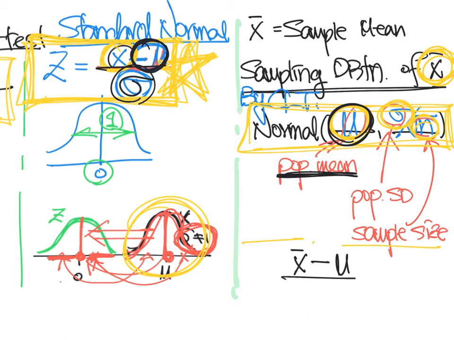But now we have to divide by the standard deviation of the normal distribution of the sample mean, which is sigma over square root of n.